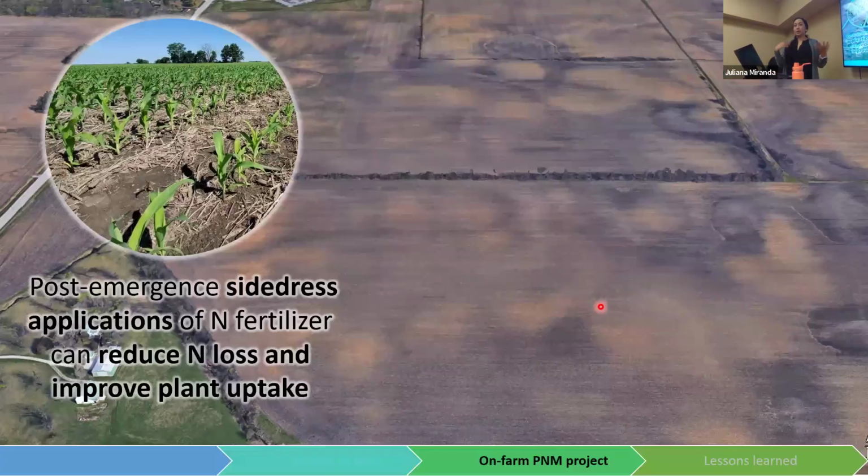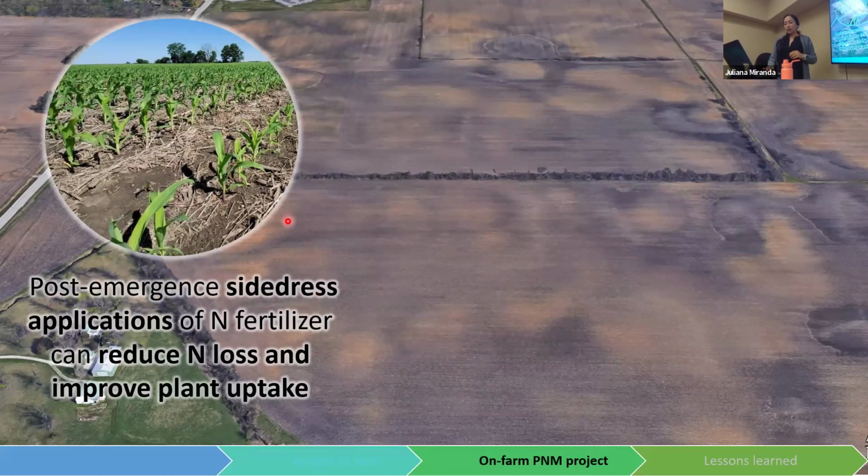So there is a lot of nitrogen loss, right? We know that post-emergent side-dress applications, when the plants are already there, can reduce the nitrogen loss and improve the nitrogen uptake. So, okay, but how much should the farmers apply for this side-dress application?